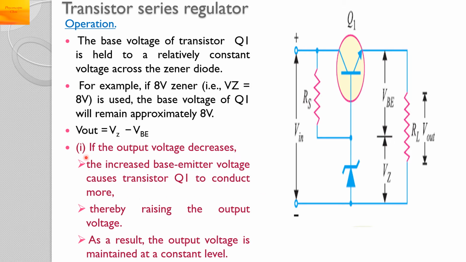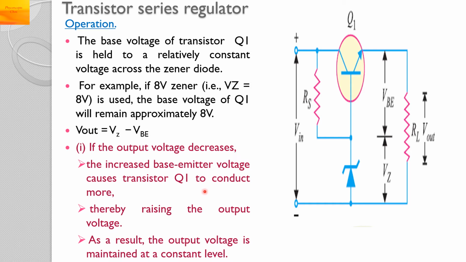We will see the first case, that suppose the output voltage decreases. If the output voltage decreases, then it will increase the base emitter voltage. From this equation, Vout = Vz - Vbe, and Vz is a constant. So if Vout is decreasing, that means Vbe has increased.